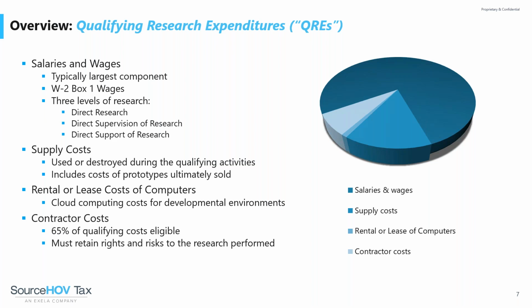Now, as long as those activities are still technical in nature and they go to support the direct research and development that core individual is performing, then we could qualify a portion of their time as well.